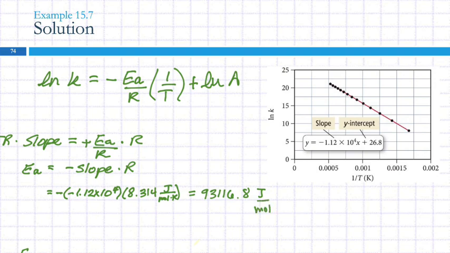And that's a ridiculous number of significant figures, so we should probably call it 9.31 times 10 to the 4th joules per mole. How do we find the natural log of A?